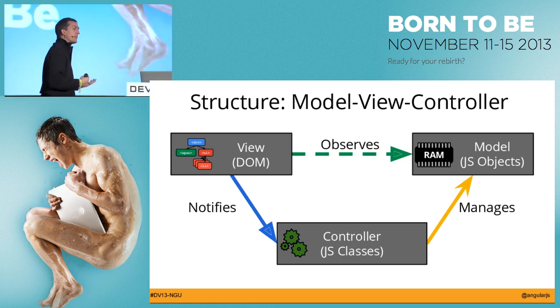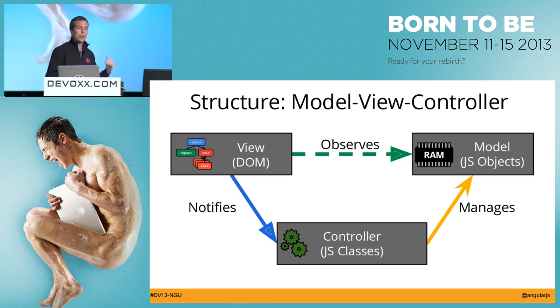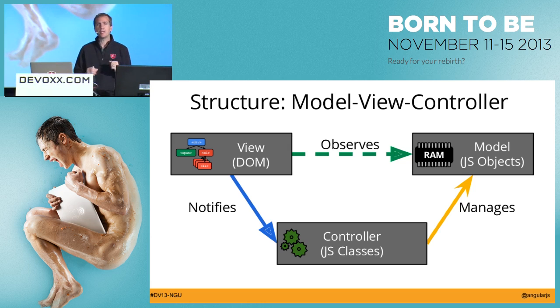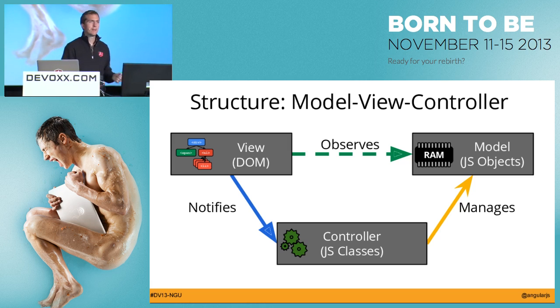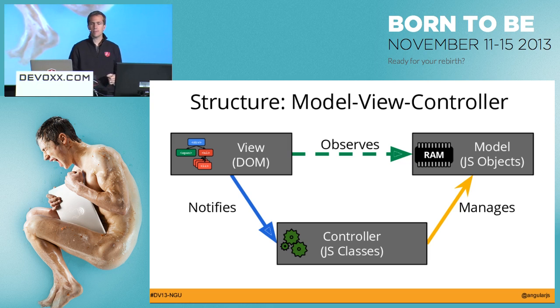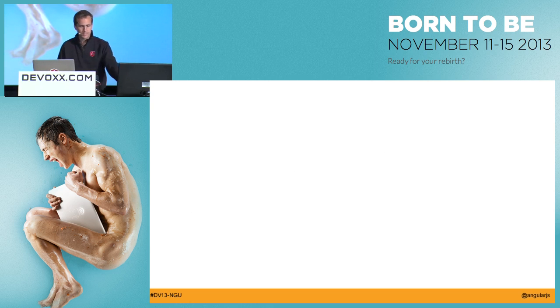Instead, the thing you need to think about is, in the controller, when I get notified the user has done something, I should just go update the model, update some JavaScript objects, and then the view will update by itself to show off that reflection. So how do we do this?